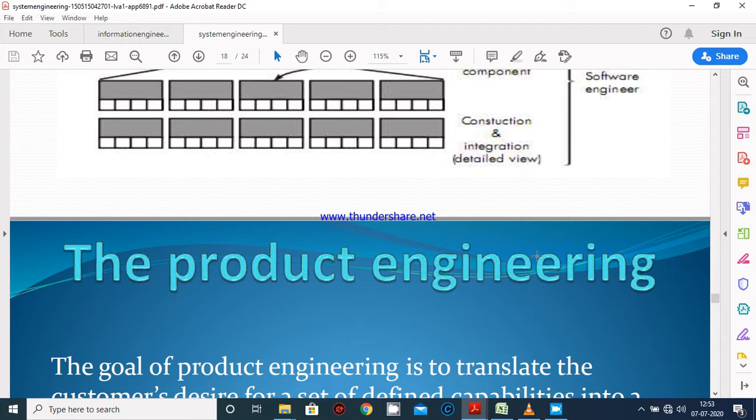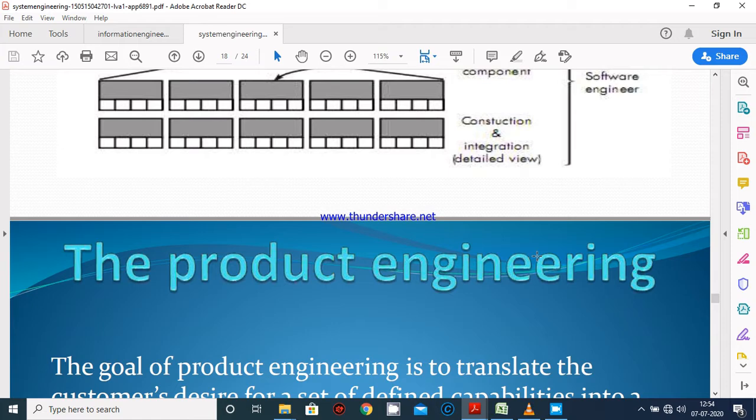The architecture of product engineering encompasses 4 distinct system components. The first one is software, second one is hardware, third one is data and databases, fourth one is people. So these are the 4 different parts or components of product engineering.